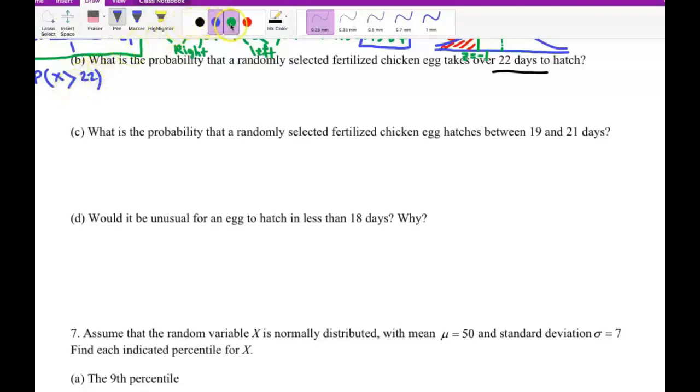So here again, first step, find the z-score. So X minus the mean: in this case, X is 22 minus the mean 21, divided by the standard deviation 1. So here we got 1. So z is equal to 1. So that is equal to the probability of when z is greater than 1.